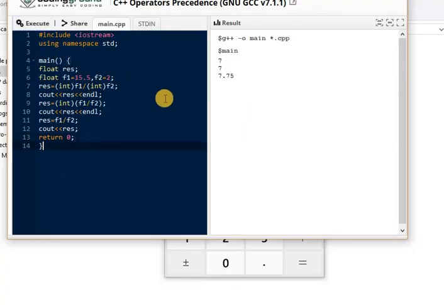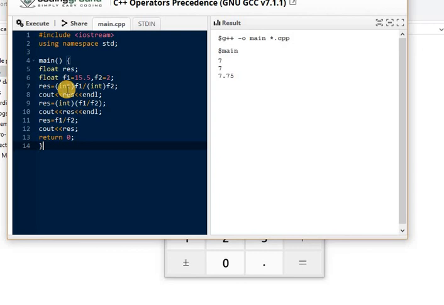So here we will see the program, that is float radius. Now f1 equal to 15.5, f2 equal to 2. So first, this is the program which shows typecasting. F1 and f2 both are float variables and result is also a float variable.